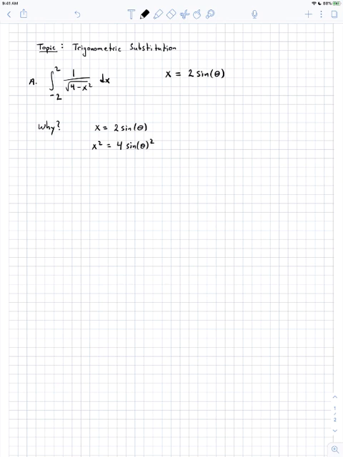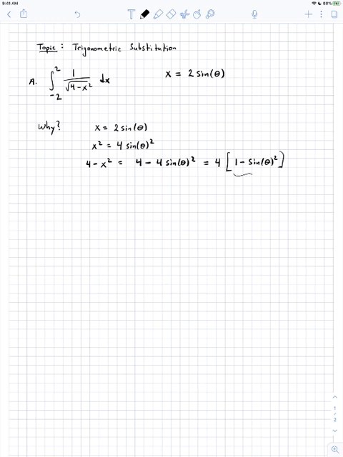Why is this helpful? In our denominator here, we have 4 minus x squared. So 4 minus x squared is 4 minus 4 times sine of theta quantity squared. You can factor out the 4, and what you're left with is 1 minus sine theta squared.